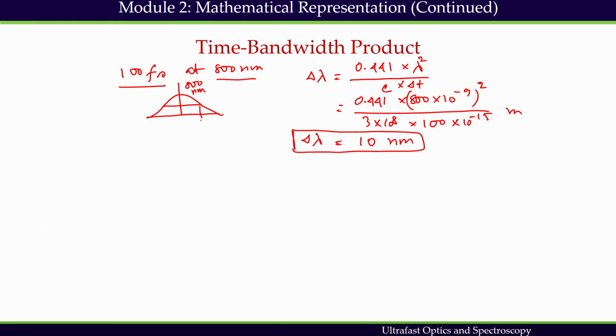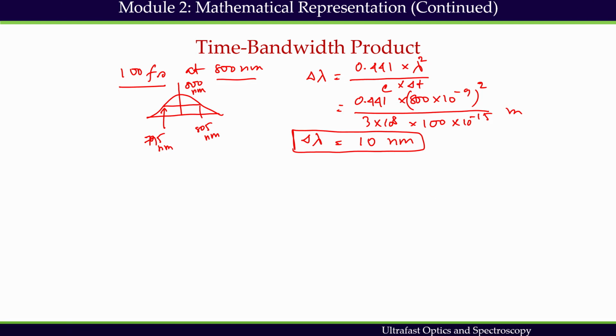So this is going to be 805 nanometer and this is going to be 795 nanometer. So this is the spread of the spectrum which we see.